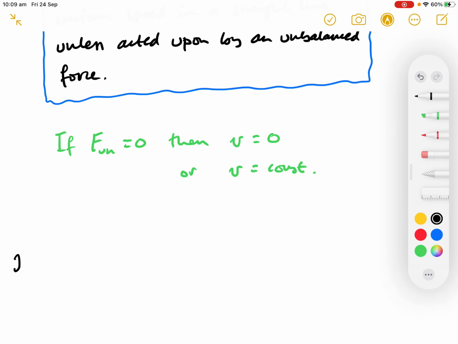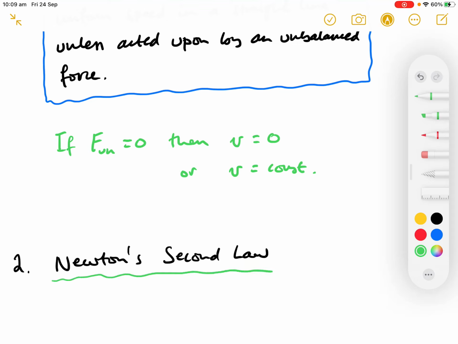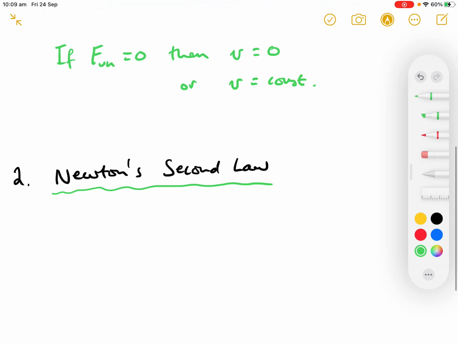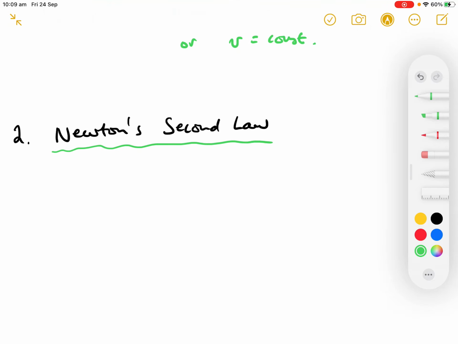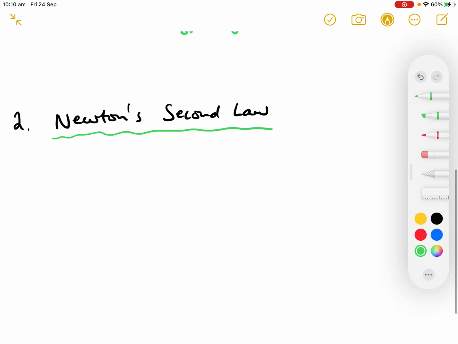Learning outcome number 2, so note number 2, is Newton's second law. Well, Newton's second law is best defined as an equation, and one you're all familiar with, I'm sure.